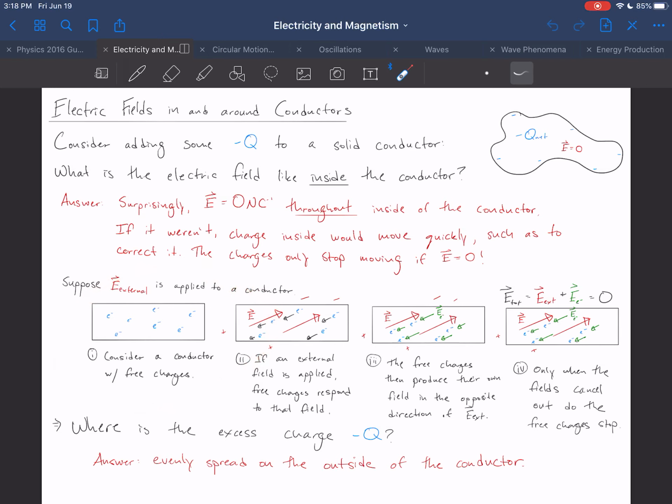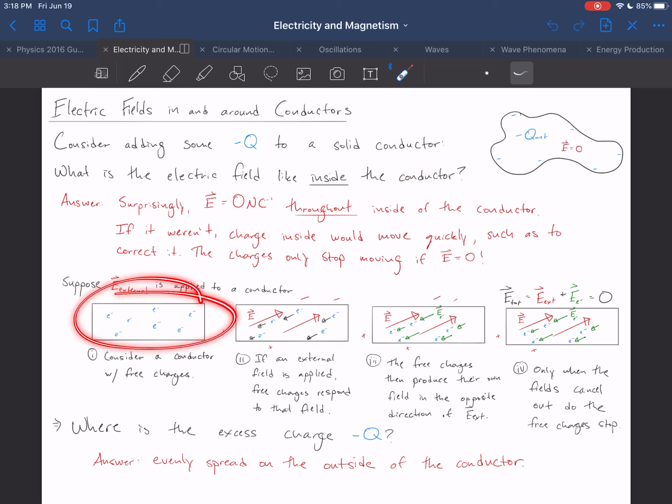All right, consider a conductor with a whole bunch of free charges. These are the electrons shown here. Obviously, there are many more of them than that. And assume that these electrons here are the internal electrons. So what we're imagining is that the electrons on the outside of the conductor are applying an external electric field to this chunk of the conductor, which is imagined to be inside that space.